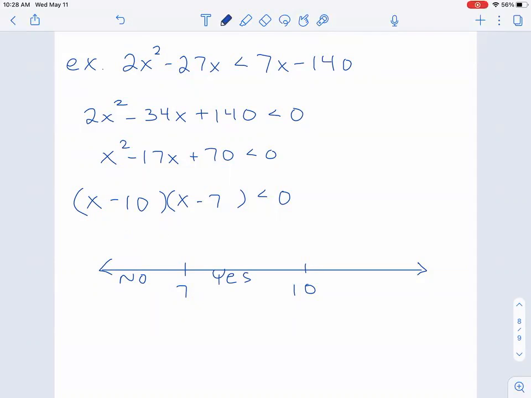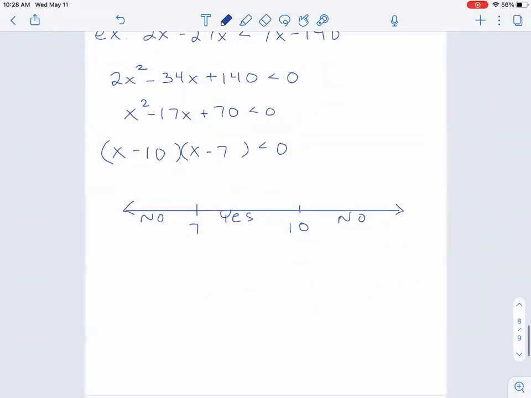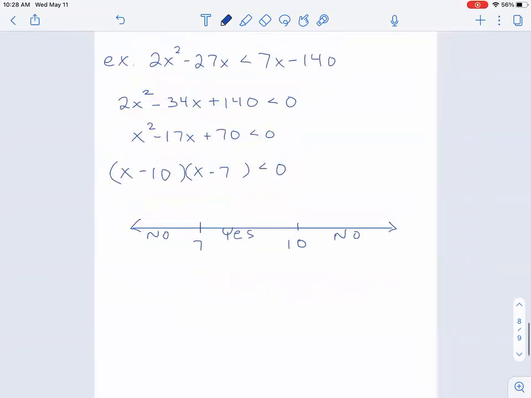And then when I plug 100 in, 100 minus 10 is positive, and 100 minus 7 is positive, and therefore that region does not work. So my solution interval in this case is from 7 to 10, exclusive of 7 and 10.